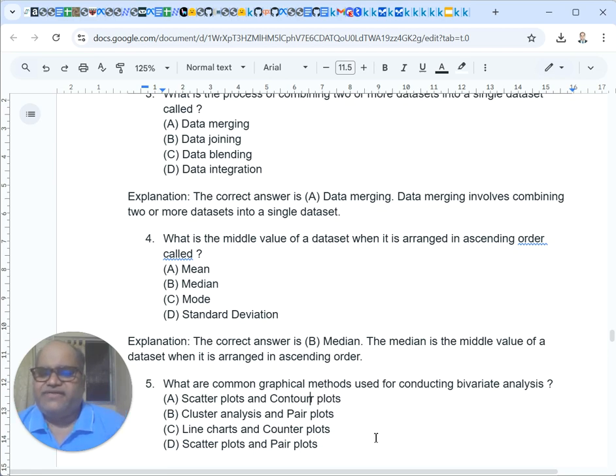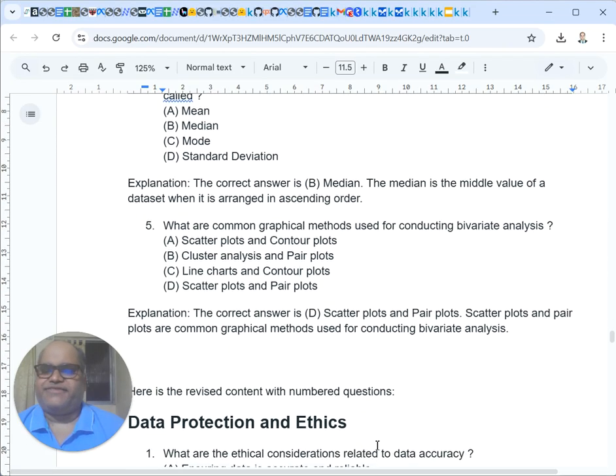Cluster is done when you have more than 2 variables, so we can actually leave that option. Contour is again significant when you have at least 3 variables, so we can actually leave option A as well. This is not counter, this is contour. And scatter plots and pair plots, right? So yes, this is the correct answer.